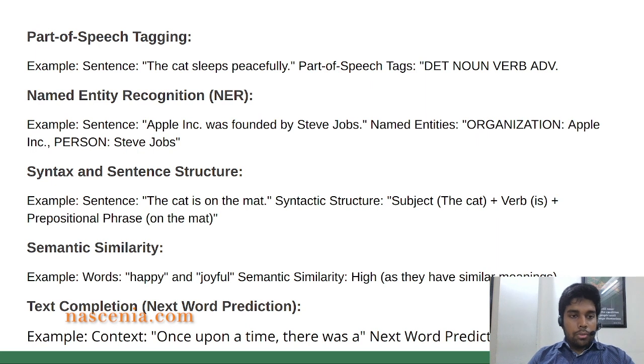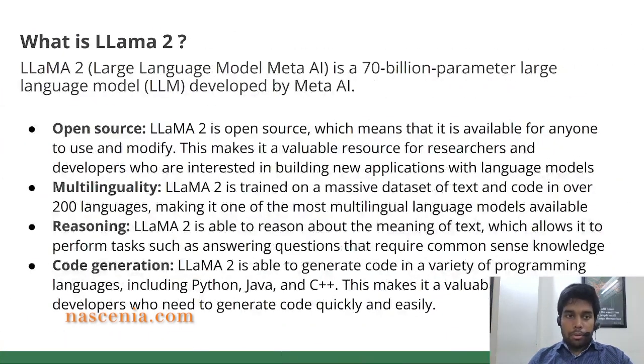We could also use a language model for named entity recognition, sentence syntax, and sentence structure. We could also use it for semantic similarity, so happy and joyful could be synonyms. So the semantic similarity would be really high. We can also use language models for text completion.